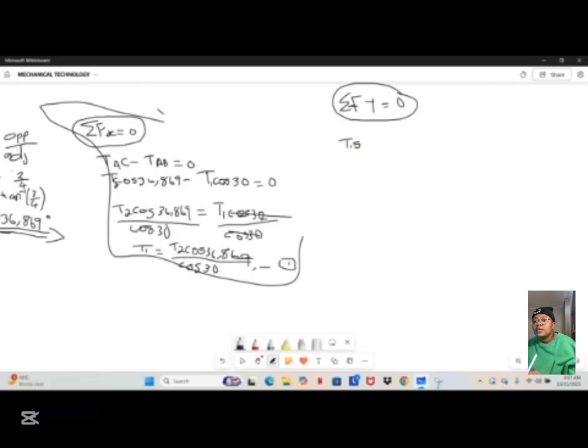We're dealing with the verticals, that's why we're using sine instead of cos.